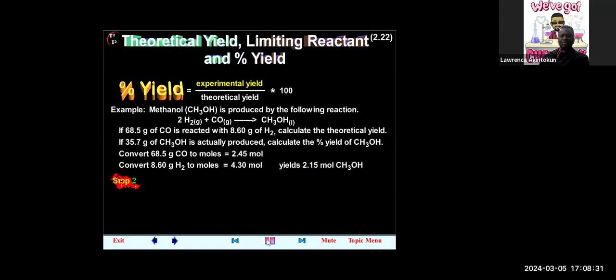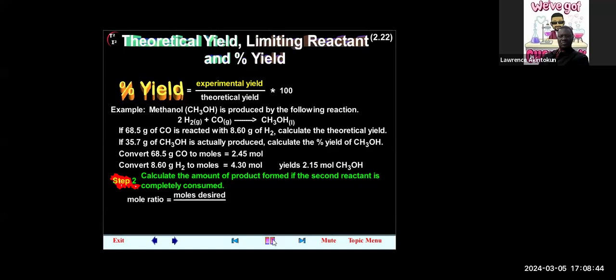Step 2. Calculate the amount of product formed if the second reactant is completely consumed. Mole ratio is equal to moles desired divided by moles given, which equals 1 mole CH3OH divided by 1 mole CO, times 2.45 moles CO, which is equal to 2.45 moles CH3OH.